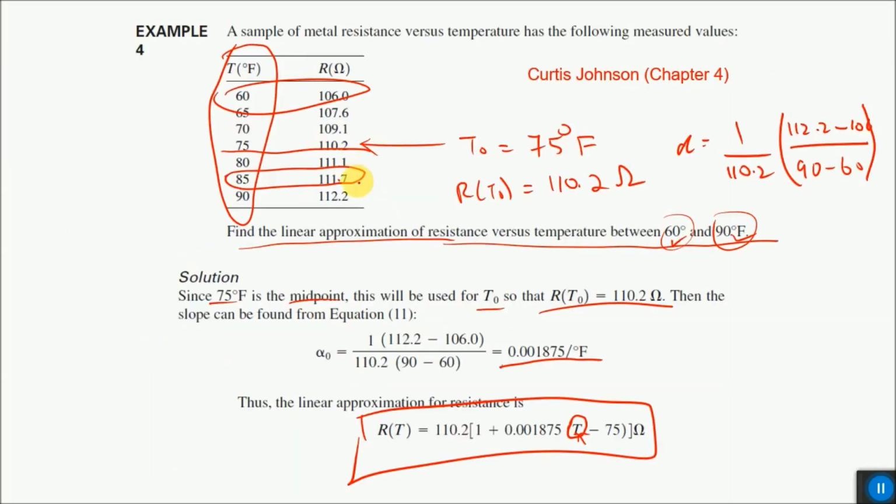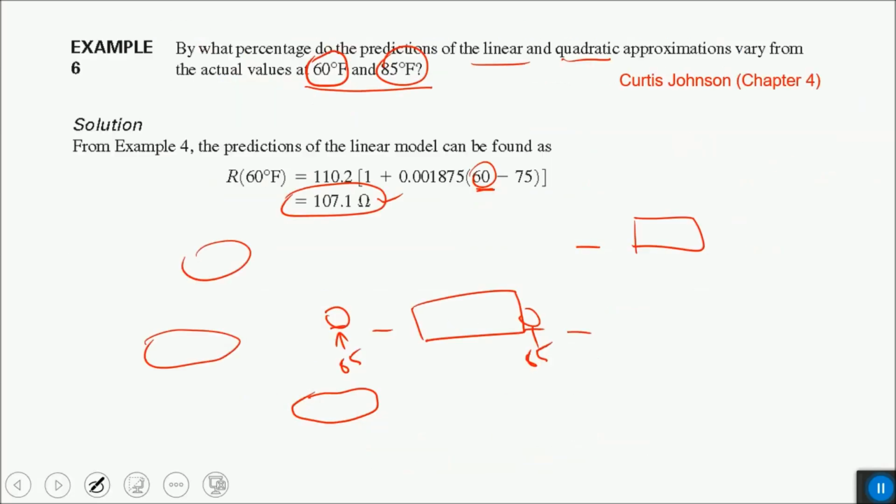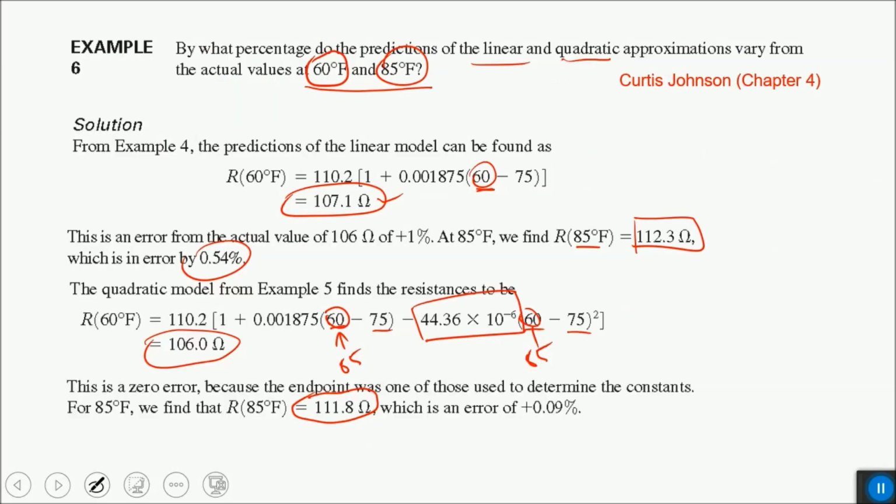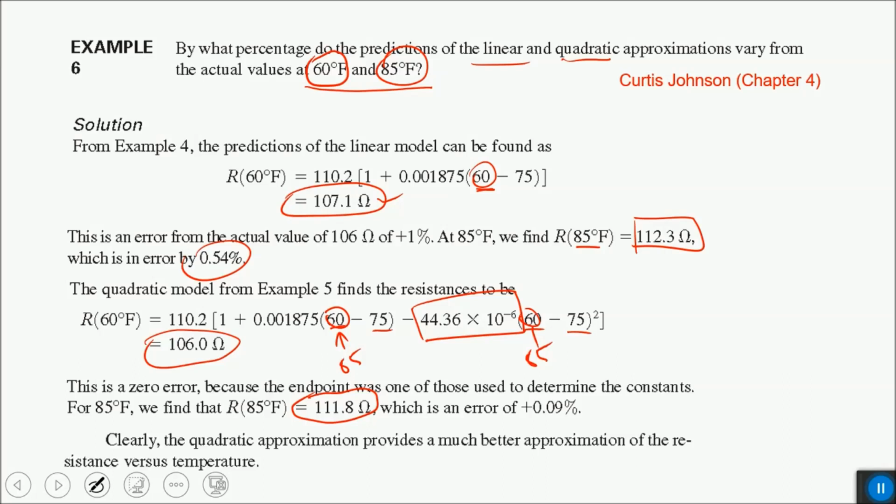And if we go back, it was 111.7 ohms. So it is fairly near to the actual value, with an error of just 0.09%. So clearly the quadratic approximation provides a much better approximation of resistance versus temperature.